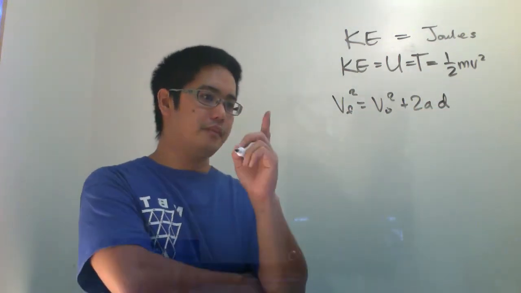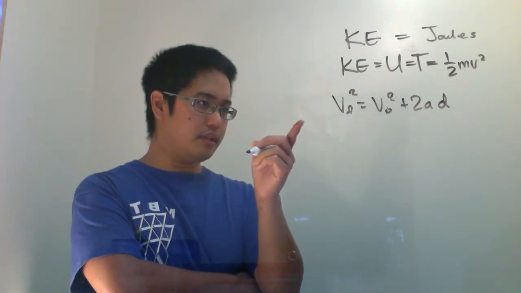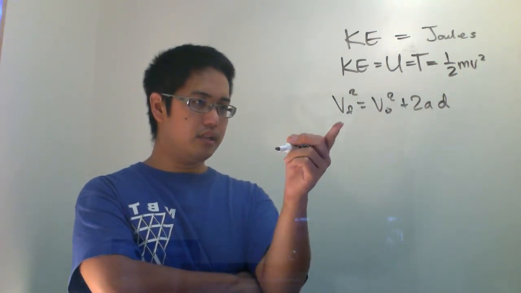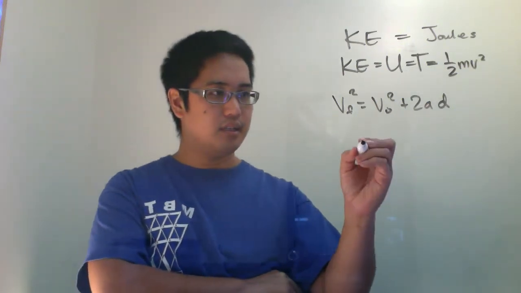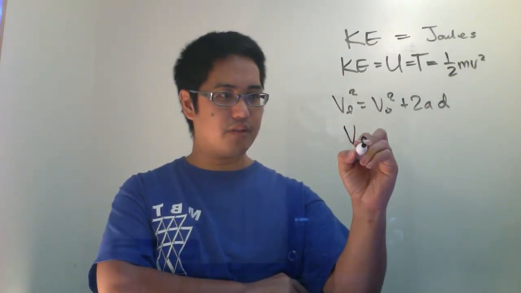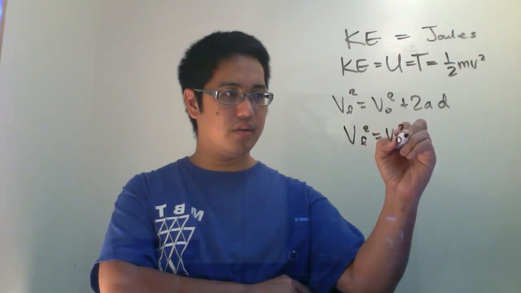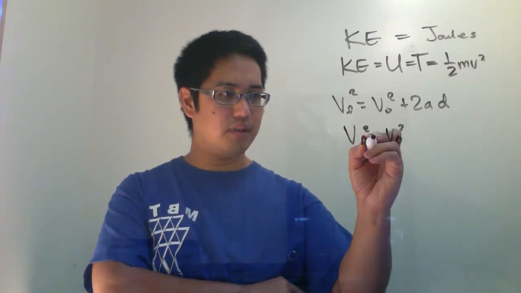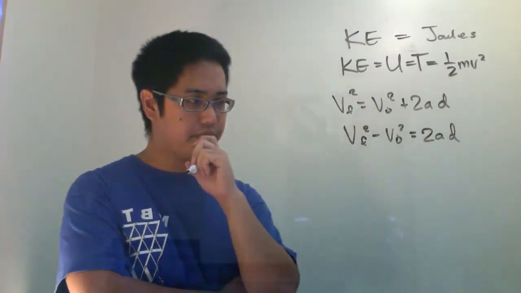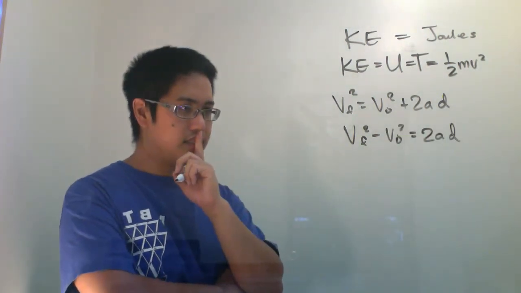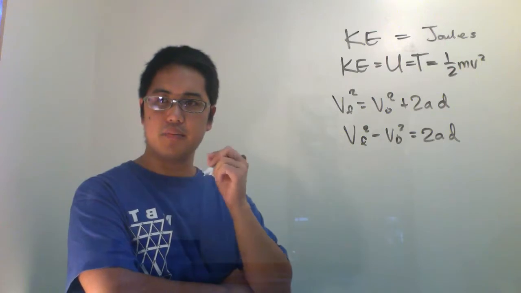Now, I think I'm going to take all the velocities over to one side. So I have V final squared minus V initial squared equals 2AD. And I'm going to combine another piece of information.